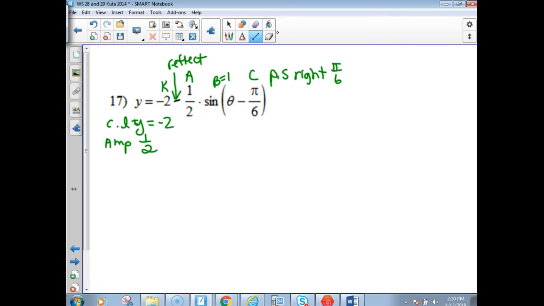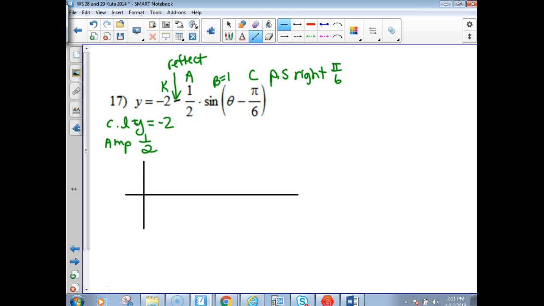Okay, so here's how I'd probably start it. I would draw a horizontal line and a vertical segment. Since we're phase shifting to the right, I'm just going to put that over here. Oh, but I just thought about it. Wait, we have a center line change. It's going down too. So I might want to just grab this and slide it down.